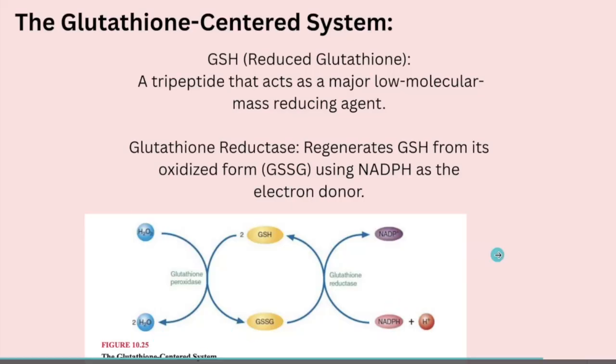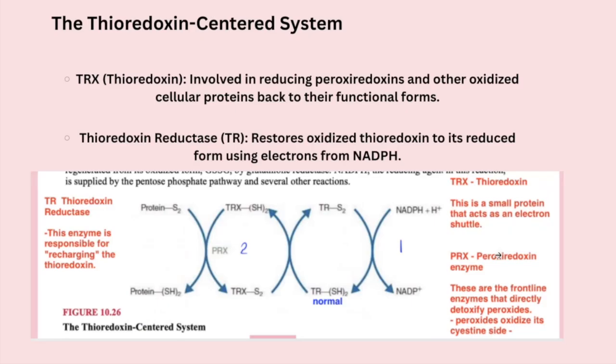Yes. Okay. Next, the other system that's helping us. Don't mind the notes, they were a bit confusing, but it's easy in general. Okay, I'll tell you the name. Let's start from the left. We said the first one is working with the radicals, right? This system is different. The thioredoxin, from its name, works with thiol groups.